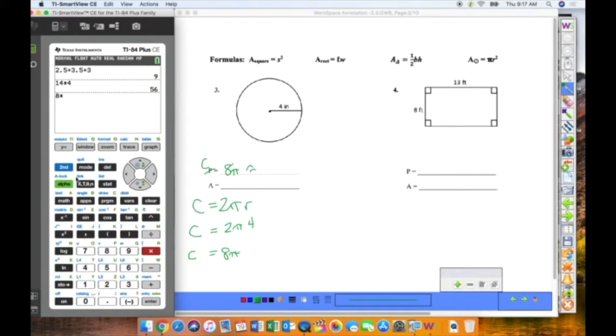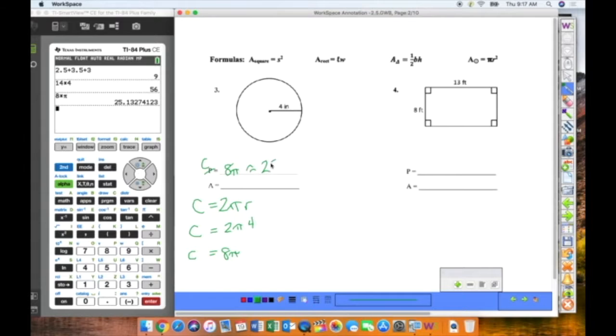But pi, it's a second function, so I'm going to hit second and do that guy. And boom. We will round that to the nearest tenth, so we're going to call that about 25.1. And the label is going to be inches. You don't need to put the label on both of these. We're just saying, hey, the circumference is 8 pi exactly, and that's about 25.1 inches.